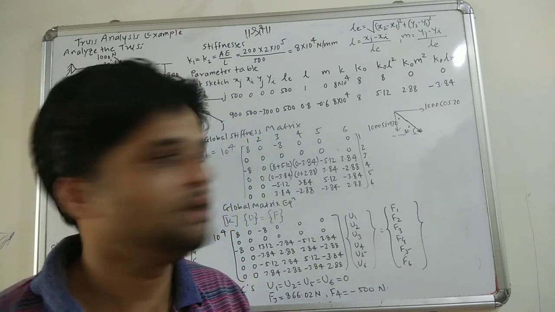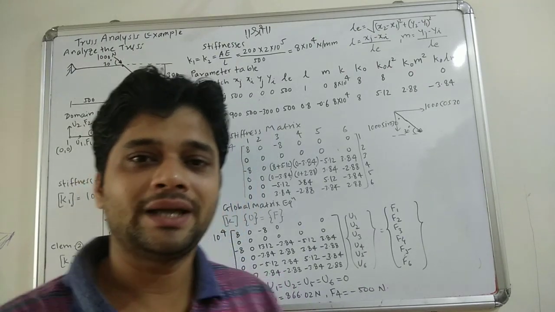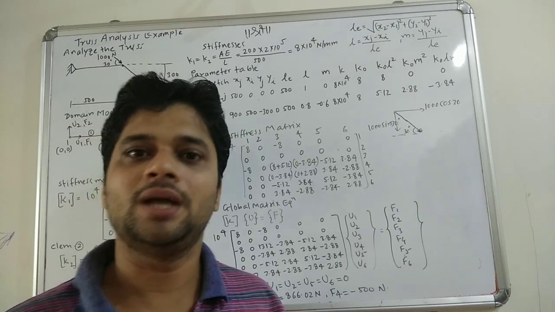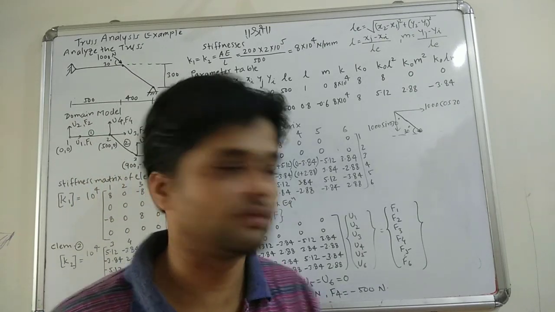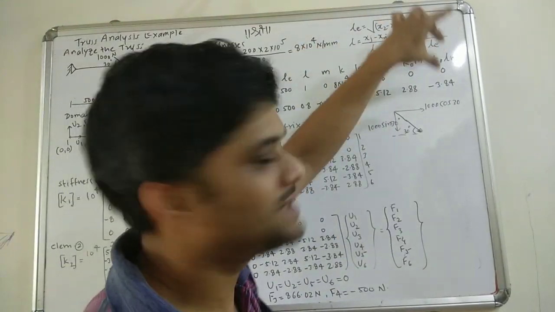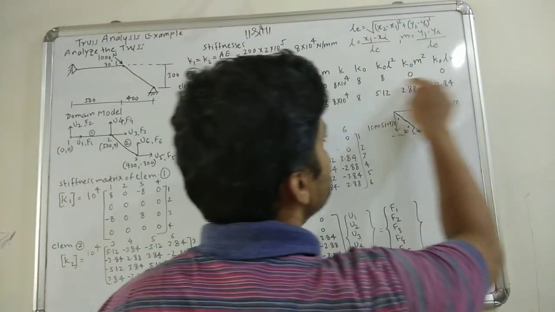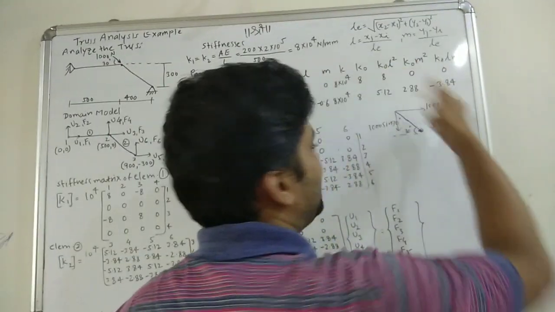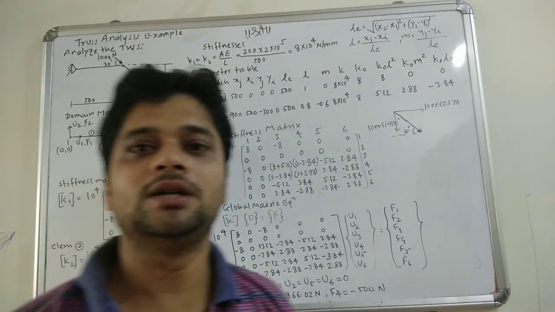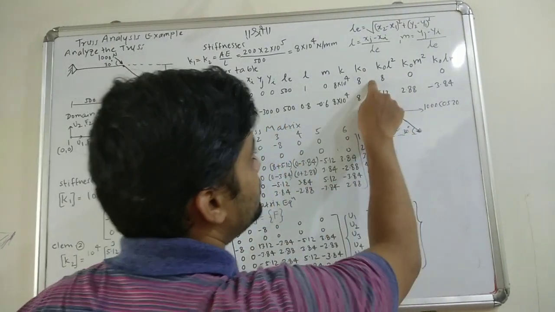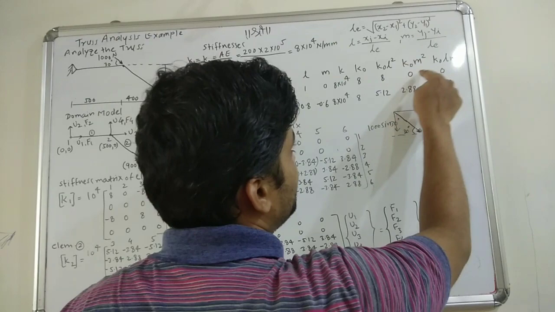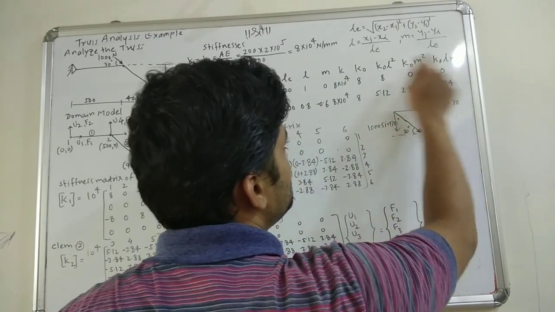That's what we have seen in the form K0 L square, K0 Lm, K0 Lm, K0 M square. The uncommon factor is considered inside, and using these three elements I can directly construct my element stiffness matrix. So K0 L square is 8.